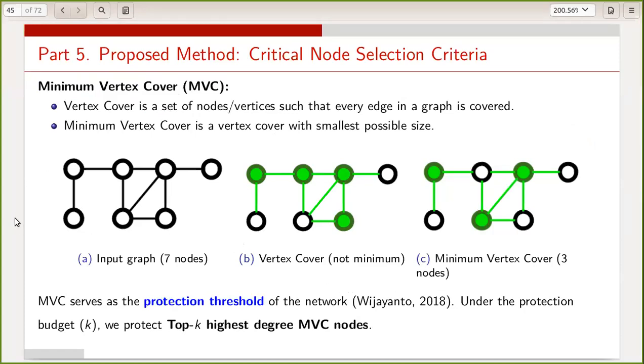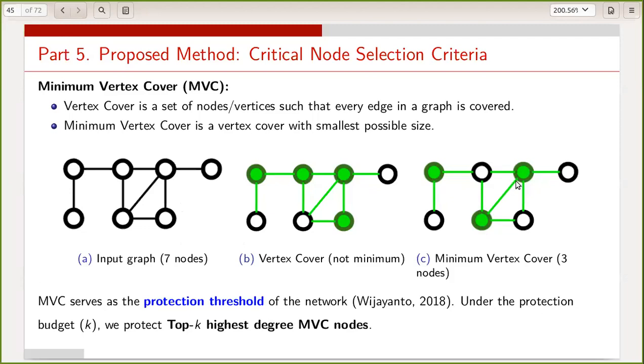So let's say we have the input graph here, with 7 nodes. A vertex cover is the set of nodes that covers all of the edges in the graph. And the minimum vertex cover is the vertex cover that has the smallest size.